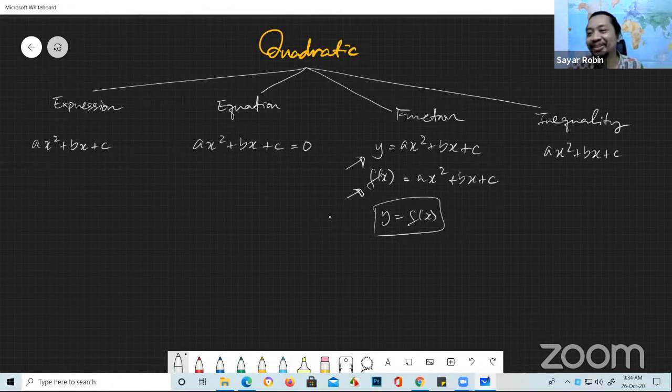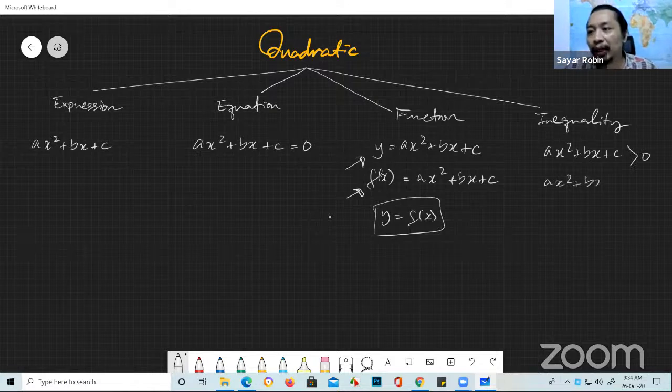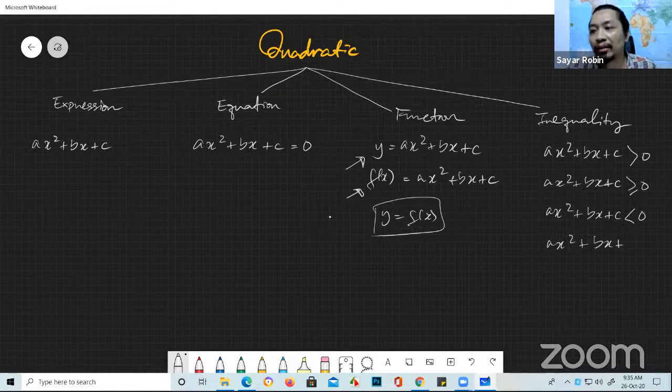I'm not making any jokes, that's truly correct. ax squared plus bx plus c is greater than 0, or greater than or equal to 0, or less than 0, or less than or equal to 0. There are 4 types of inequality in mathematics: greater than, greater than or equal, less than, less than or equal.